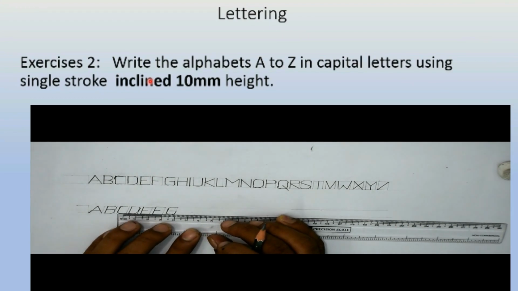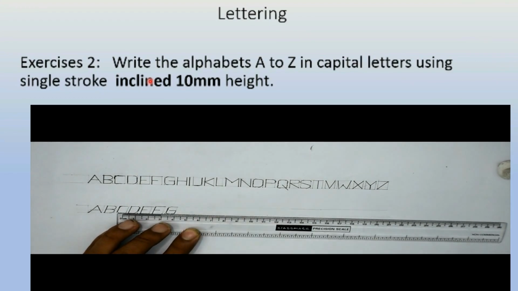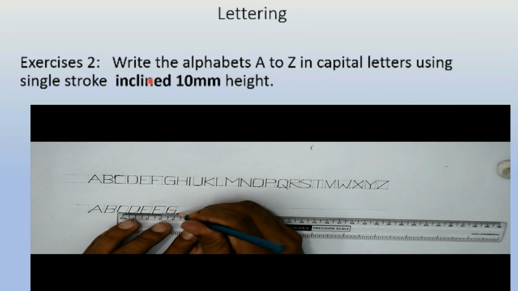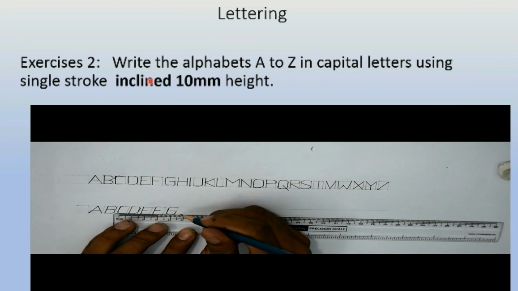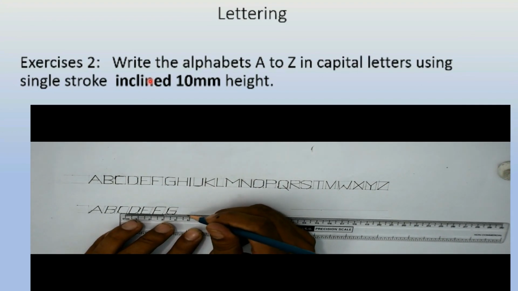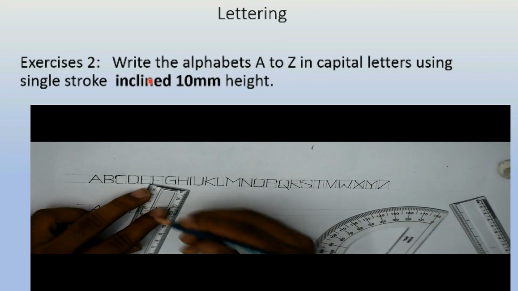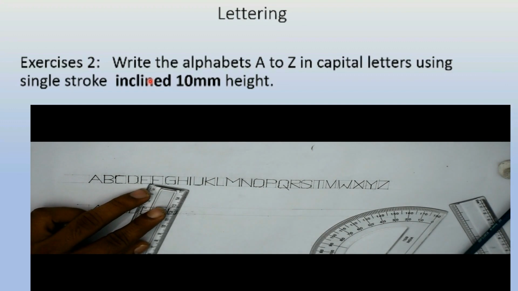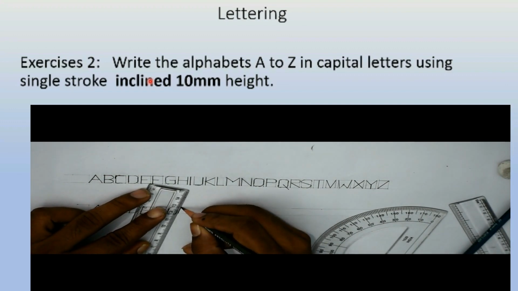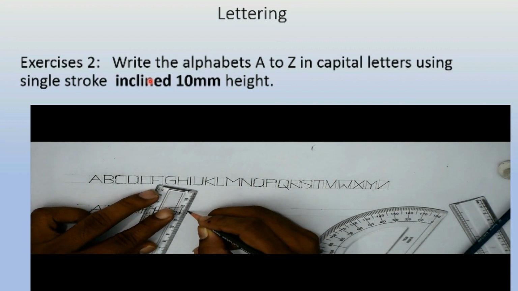Now again 2 mm gap and 7 mm width. So I'm drawing the letter H and draw it directly here.